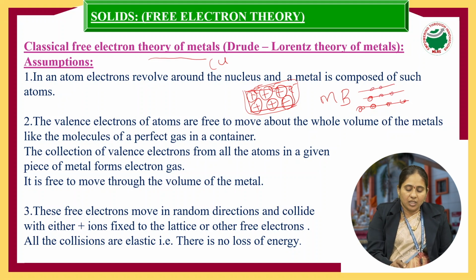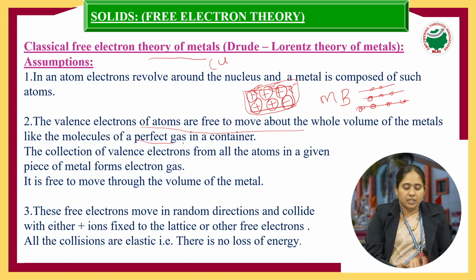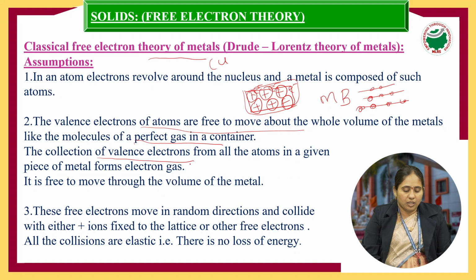Here the electrons are free to move throughout the volume of the metal, like molecules of a perfect gas in a container. This collection of valence electrons from all the atoms in a given metal forms an electron gas.